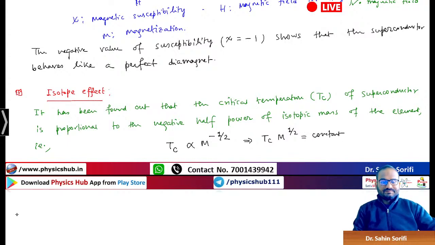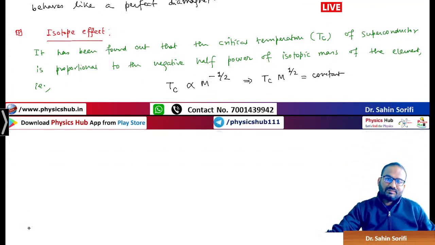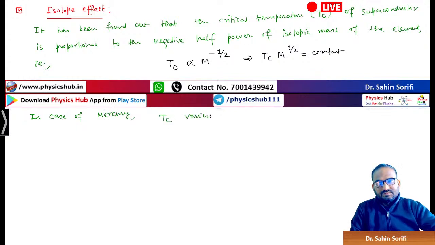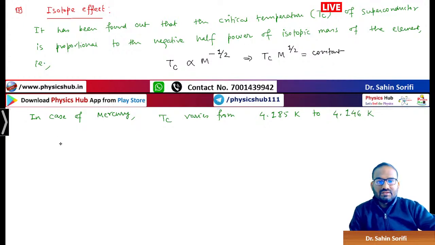For example, in the case of mercury, this Tc value varies from 4.185 Kelvin to 4.146 Kelvin, depending on its isotopic mass.